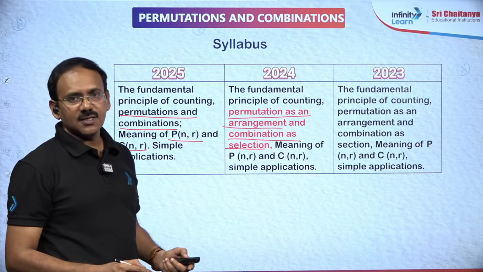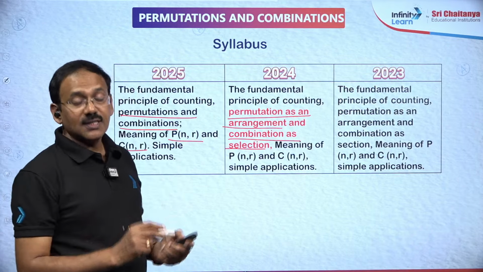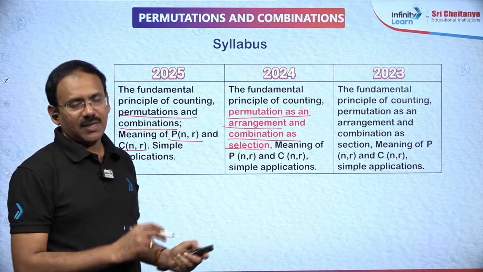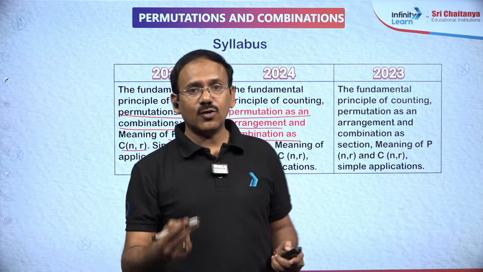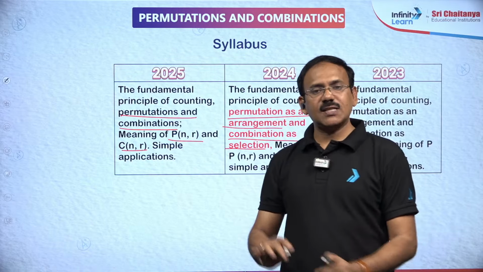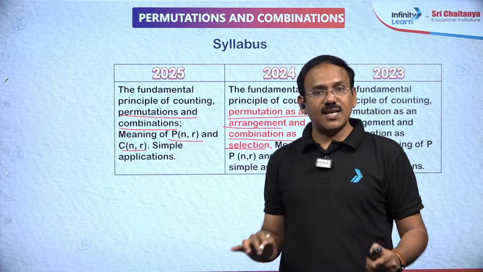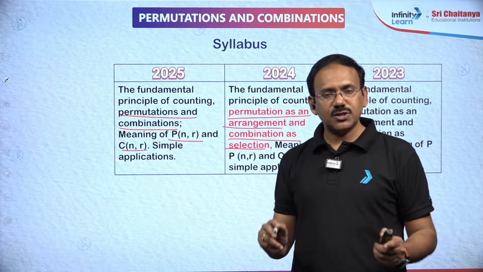Simple applications is given. One important observation is that the term circular permutation is not mentioned. If you go through the 2023 and 24 questions, he has given questions mostly on permutations as well as combinations on linear arrangements only. For circular permutations, no question is found.